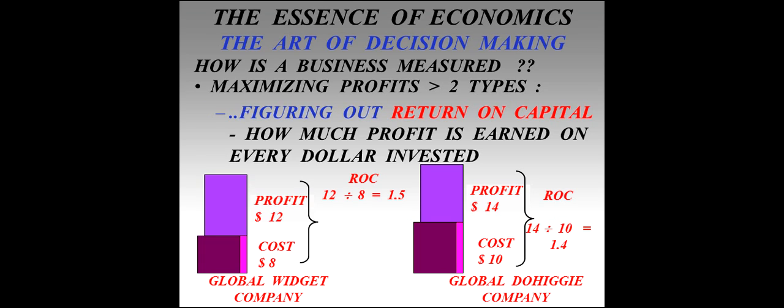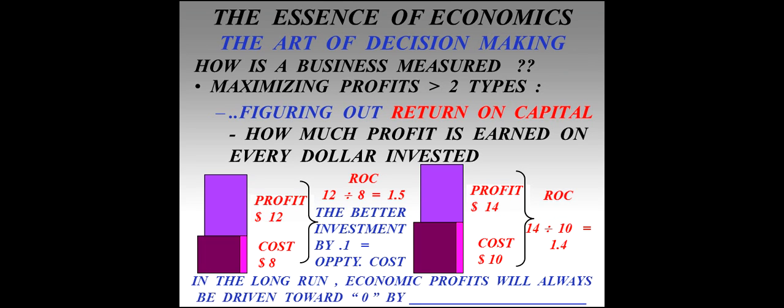It was 40 cents on every dollar invested. So in this case, the Global Widget Company, by the pure math, is the better investment by 10 cents or 0.1 opportunity cost.